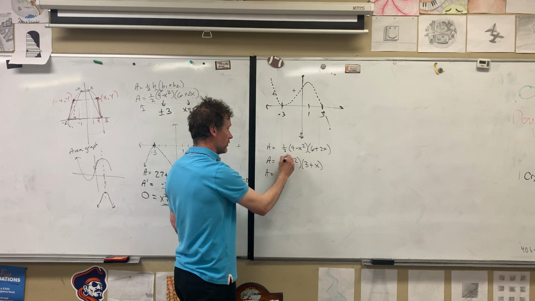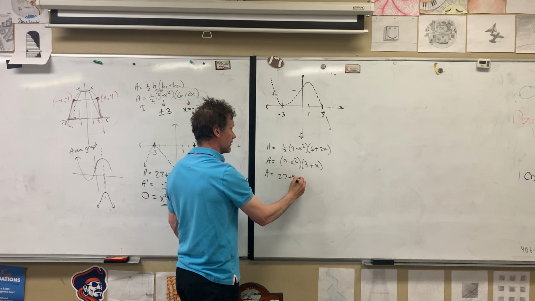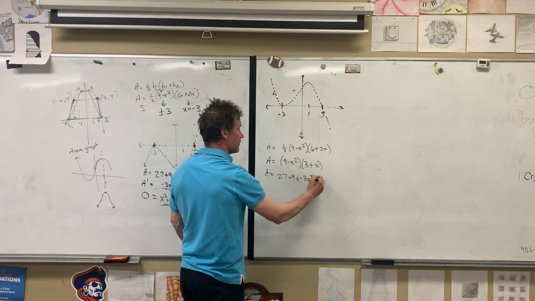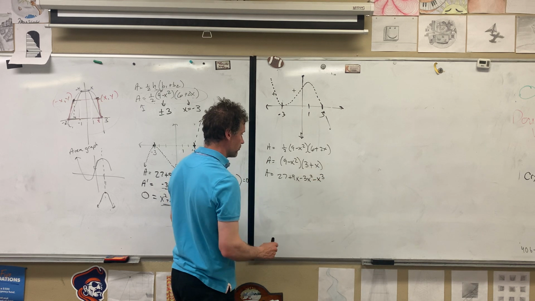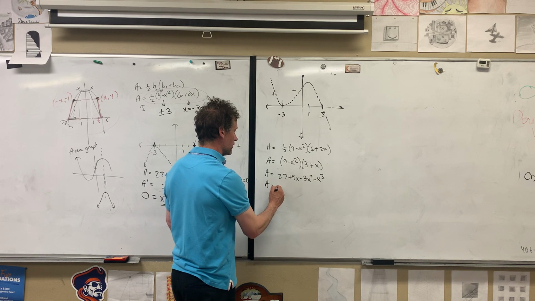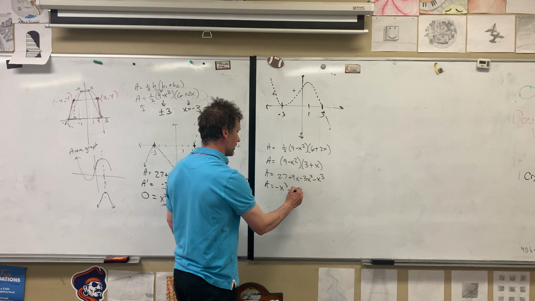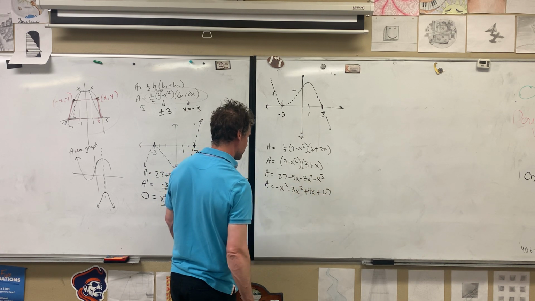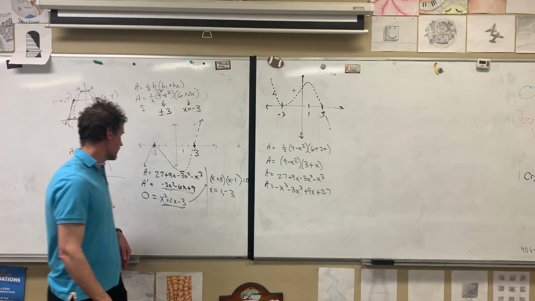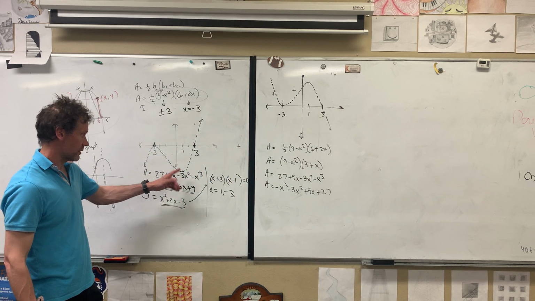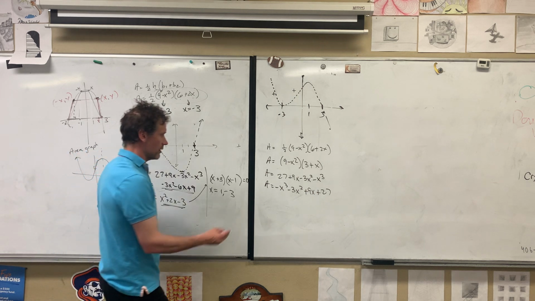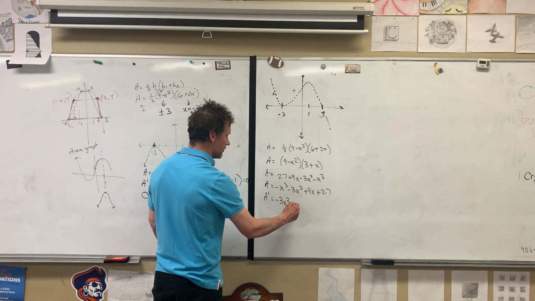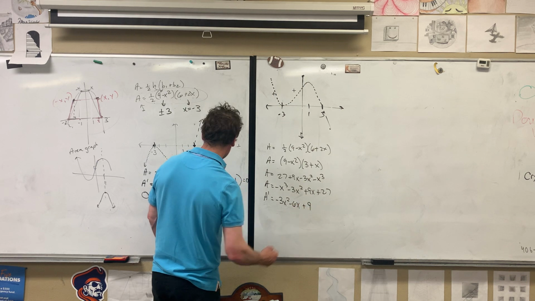So A is equal to 27 plus 9x minus 3x squared minus x cubed. So A is equal to negative x cubed minus 3x squared plus 9x plus 27. So then A prime is equal to negative 3x squared minus 6x plus 9.